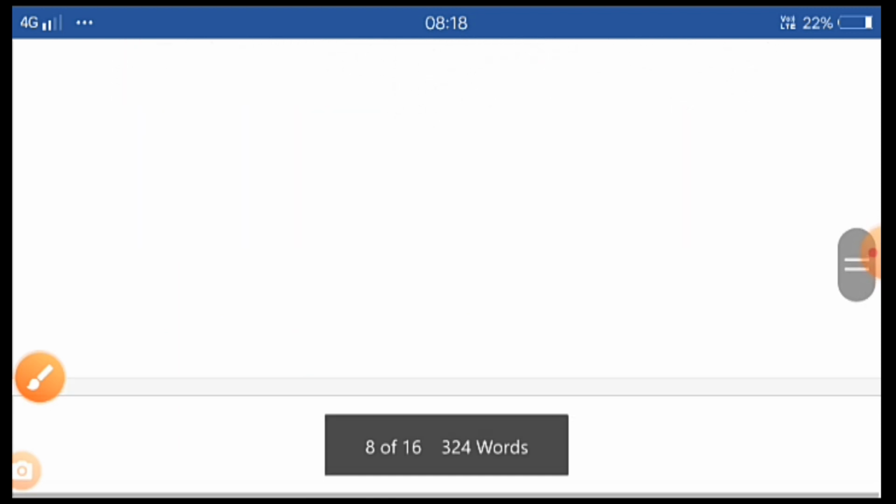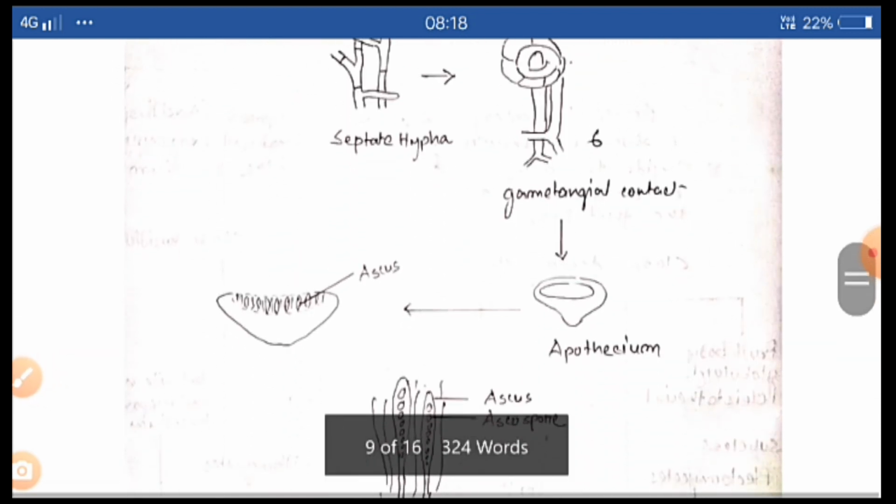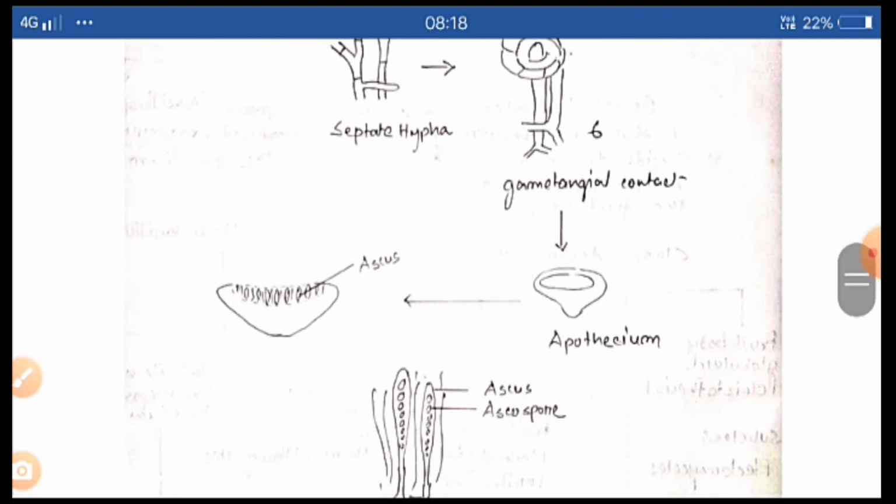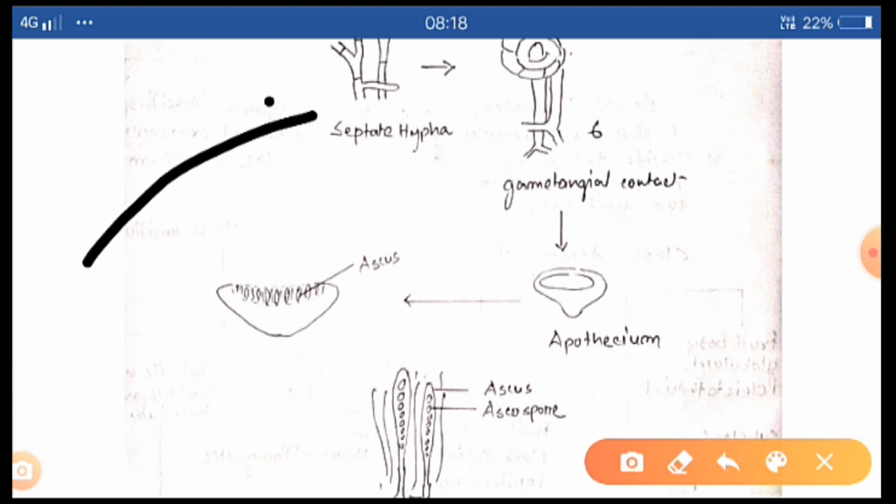Let us consider another example. Here this one is about Ascobolus. Here also the mycelia is septate.